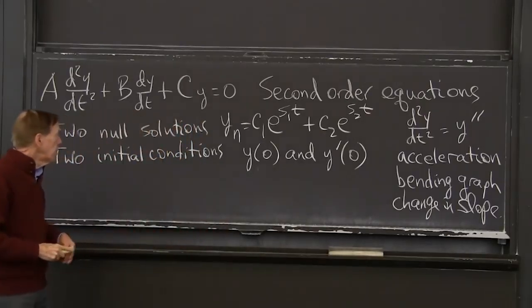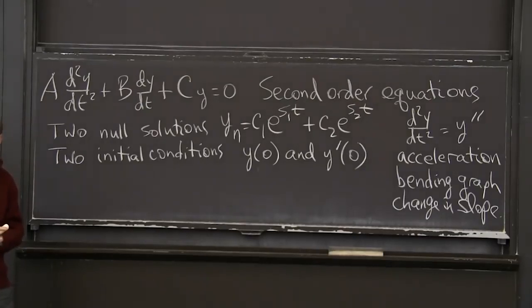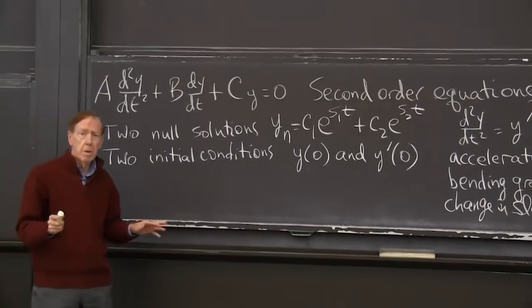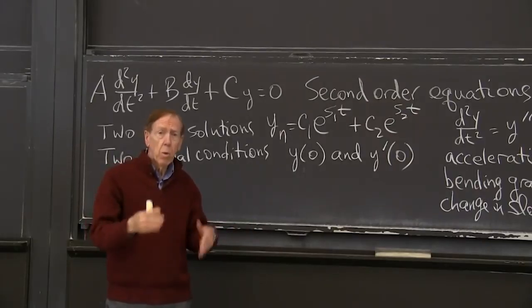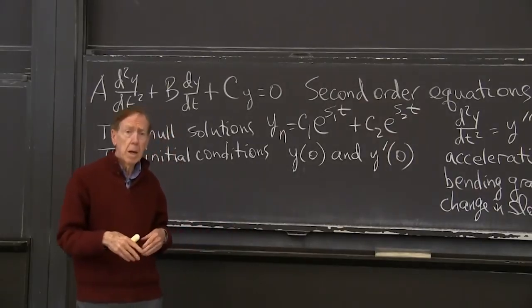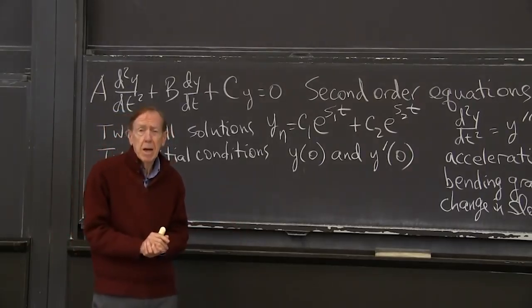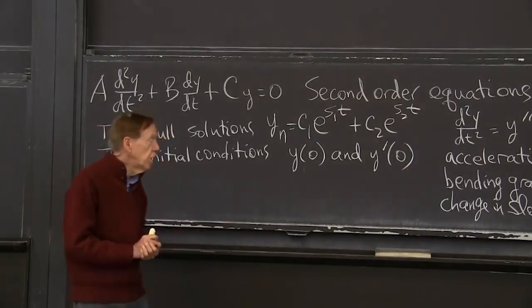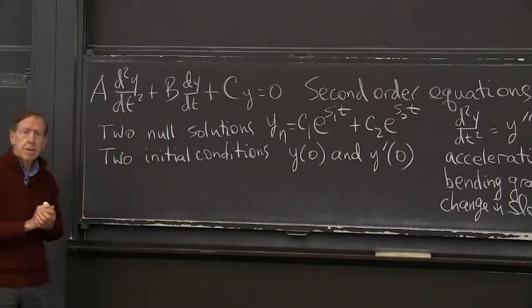Okay, so I'm ready for some examples. And the first example, the most basic equation of motion in physics and engineering, I would say. It's called harmonic motion, and B is 0. That's the key point. B is 0.